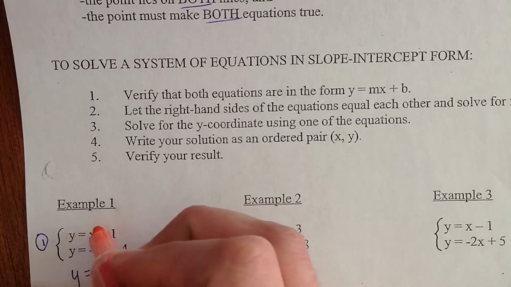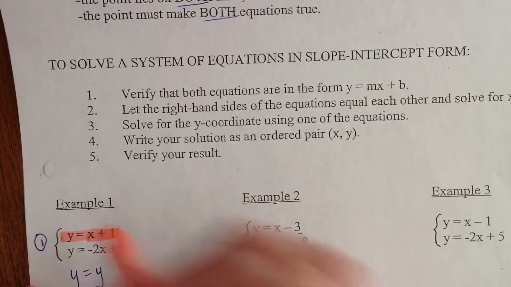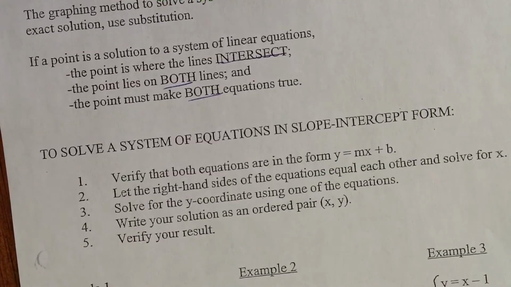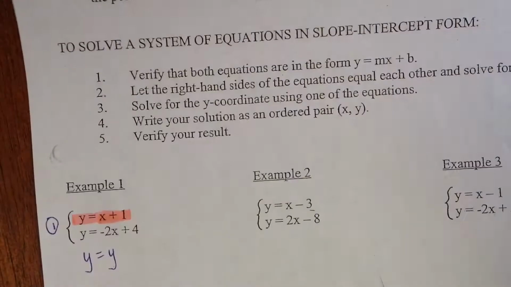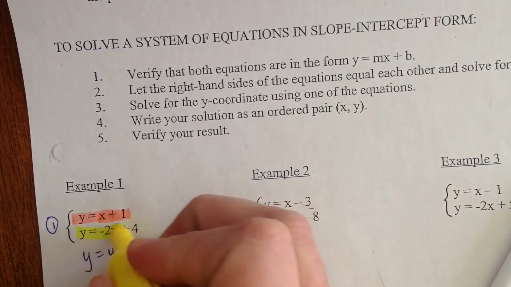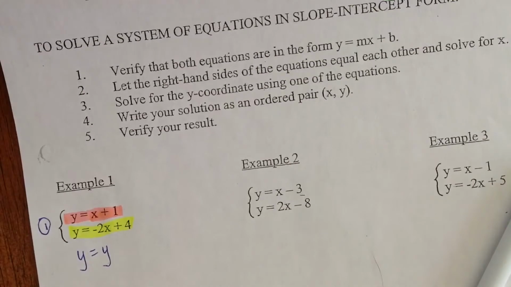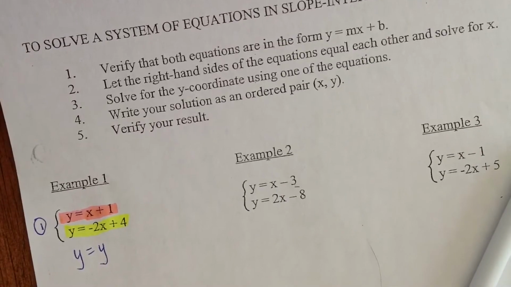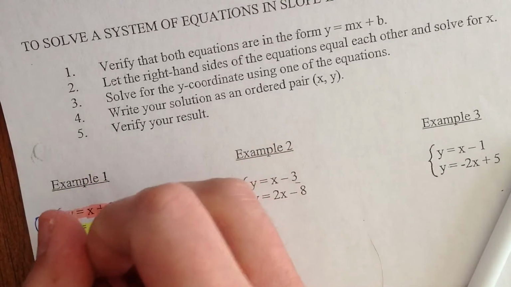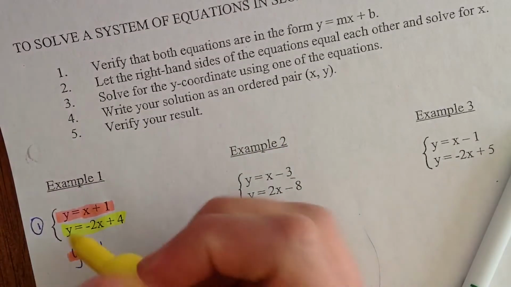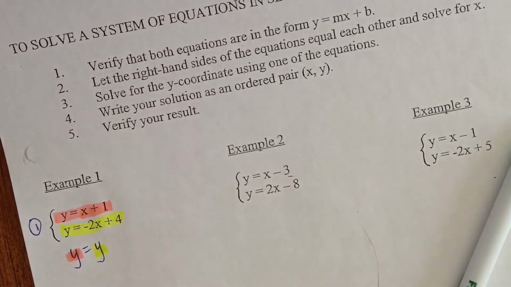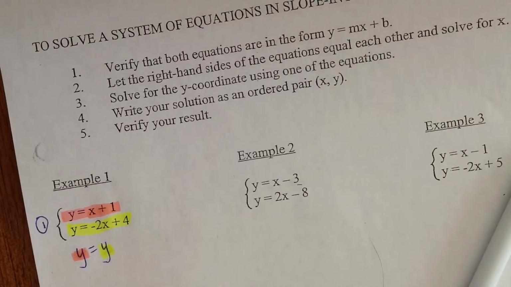So if I say y equals x plus 1, and on the second equation, I have y equals negative 2x plus 4, and I say y equals y, then couldn't I just solve and shove?